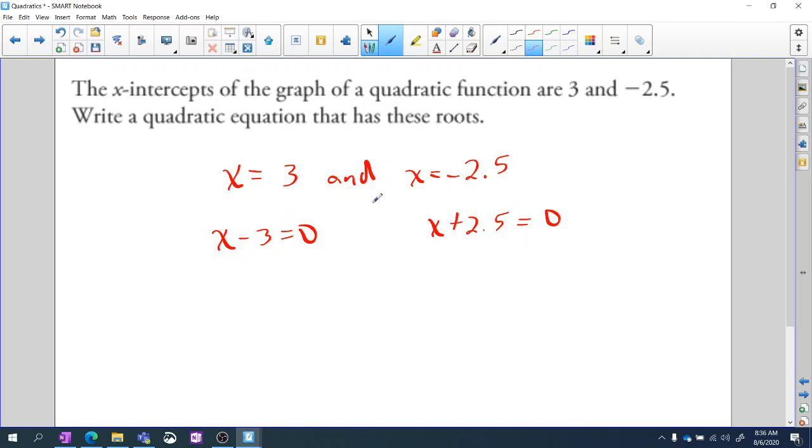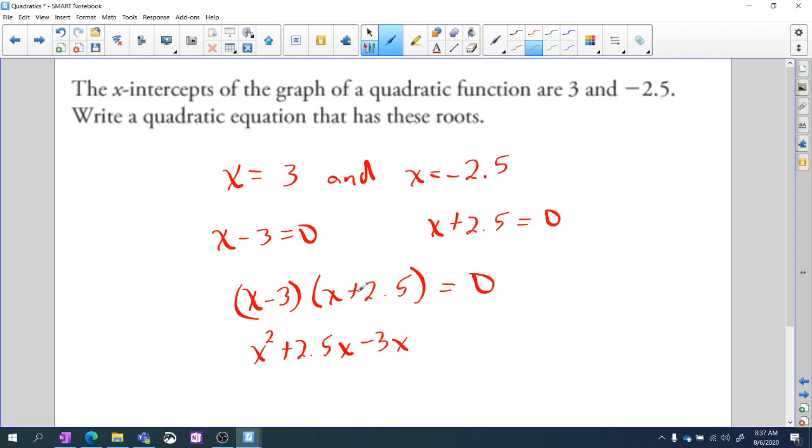Then the product of these two would give you a quadratic that has those answers. x subtract 3 multiplied by x plus 2.5 equals 0. x times x is x squared, plus 2.5x, take away 3x, subtract 7.5 equals 0. x squared minus a half of x, subtract 7.5 equals 0.